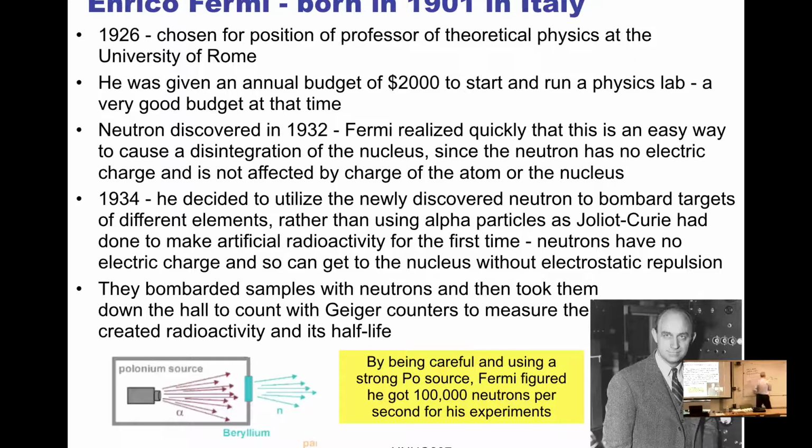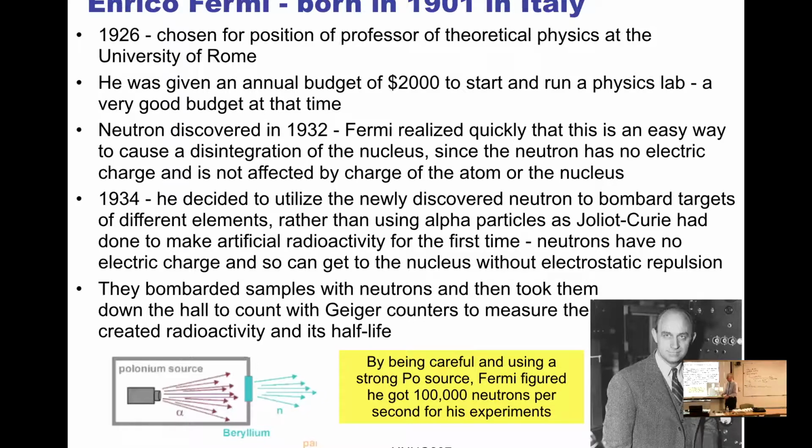See, the problem with using an alpha particle is it's got a charge. It's got 2 protons, 2 neutrons. You shoot it, let it impinge upon a target.